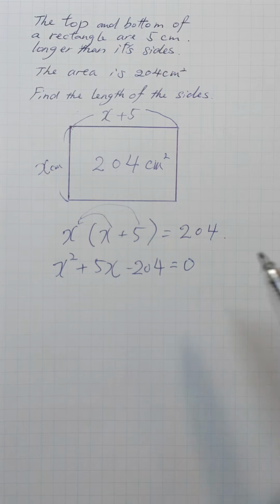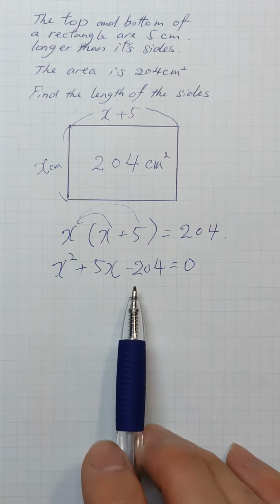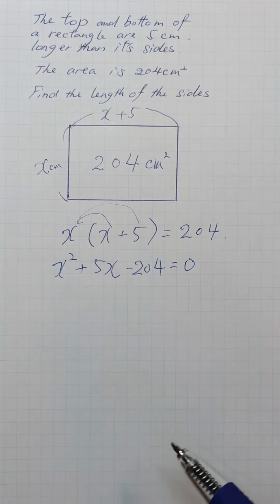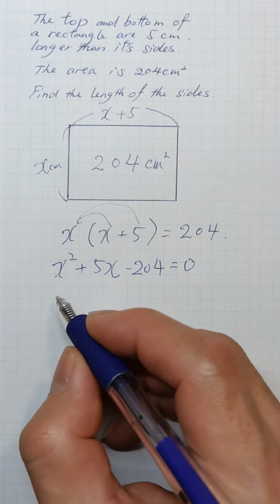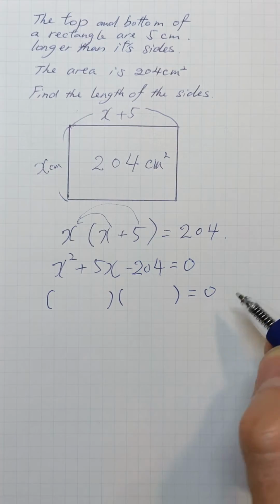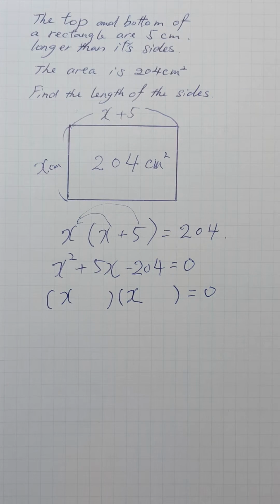If you watch the previous video, you can see why I made this equation in this form, because you can factorize the left side like this. Then you can find the value of x, right?